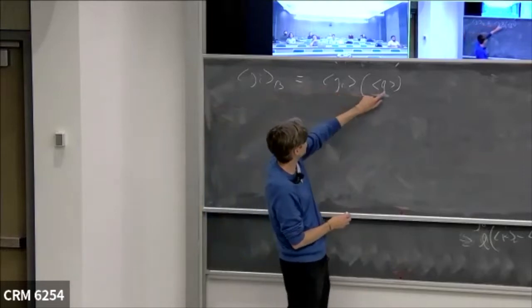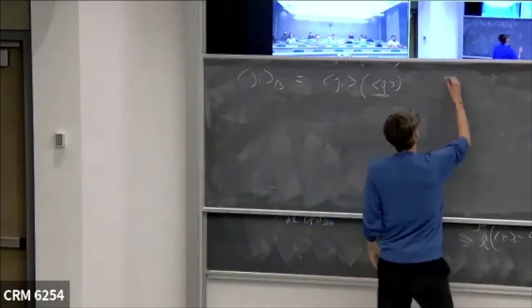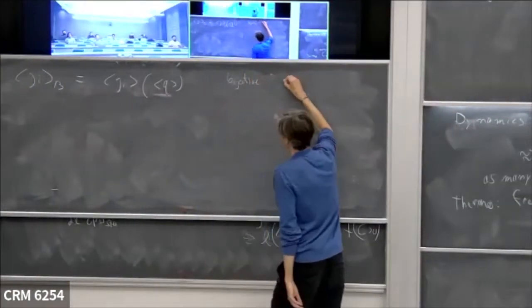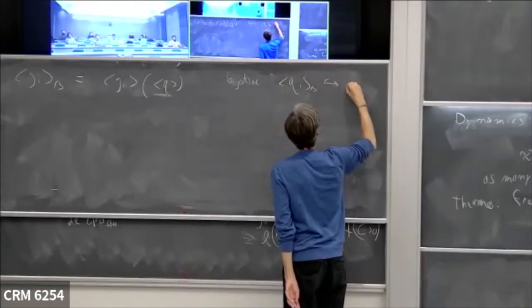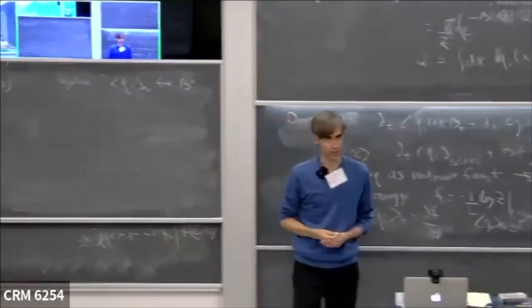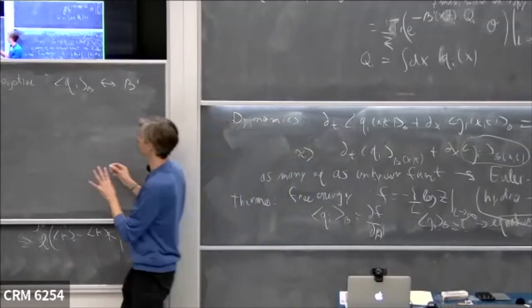So you can write it as a function of the local densities. It's a bijective map, in the appropriate subspace, between the q_i's and the beta_i's. Okay, there's a bijection between these two things. Locally, the fact that there's a bijection is not too hard to see.